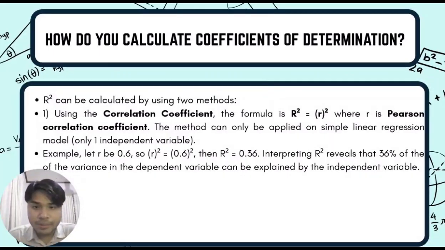So now that we know what the coefficient of determination is and how it is applied in regression analysis, we can now calculate the coefficient of determination using two methods. The first method is by using the correlation coefficient, where the formula is given as capital R square equals lowercase r square, where lowercase r is the Pearson correlation coefficient.